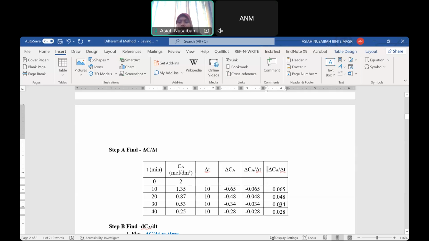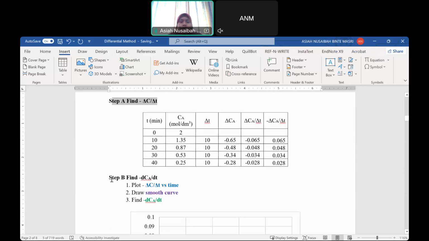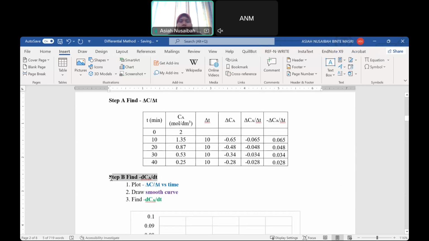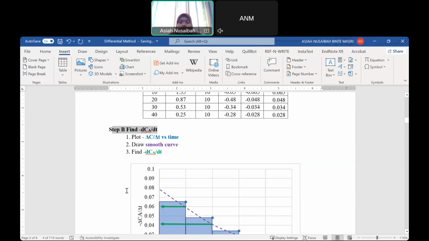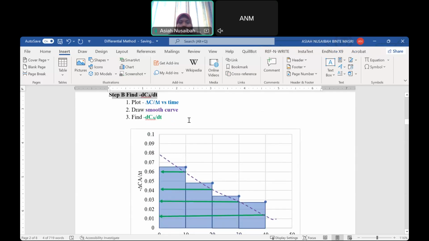So you have already solved step 1. Now let's go to step 2, where you have to find minus dCA over dt. In order to find this, we need to plot a histogram. Here is our histogram, the blue color.